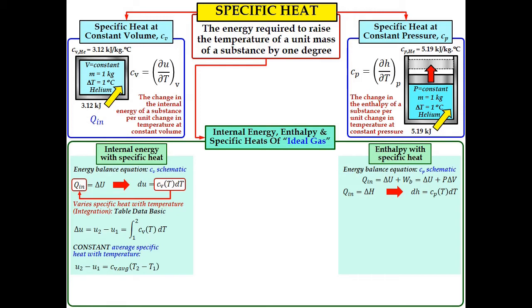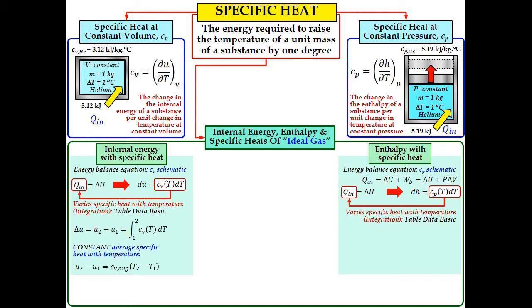So that value is the same as the value of Cp, and instead of Q in, we use Cp(T) dT, because the value is the same.